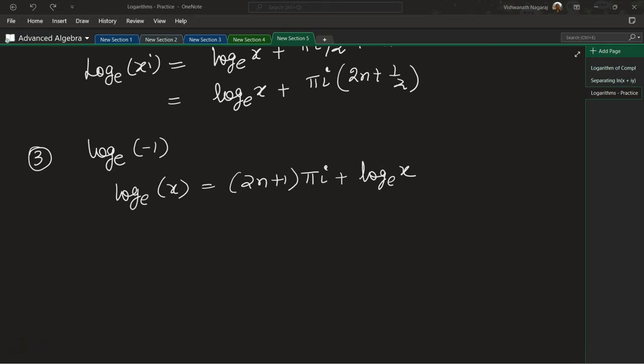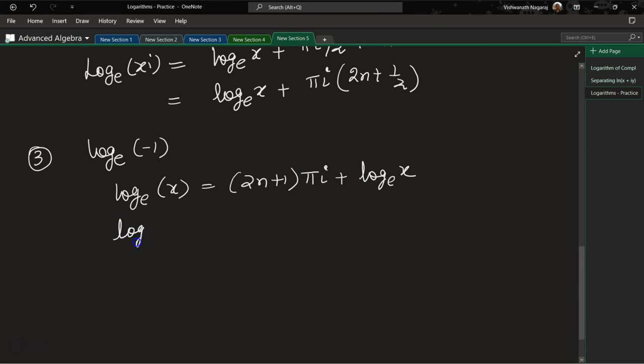Now let's do the substitution. Log e of minus 1 is equal to 2n plus 1 pi i plus log e of 1.